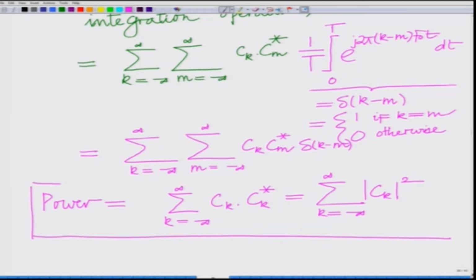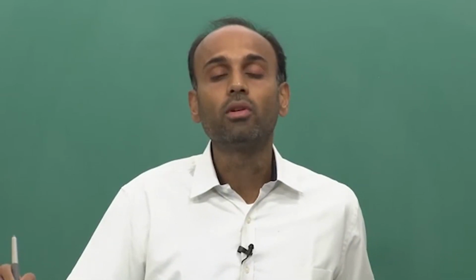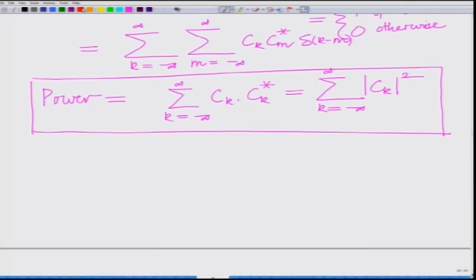What you can see is that you have a very nice expression for the power of the periodic signal in terms of the Fourier series coefficients. The power of the periodic signal is nothing but the sum of the squared magnitudes of all the Fourier series coefficients from minus infinity to infinity. This is a very elegant expression. So the power has two expressions.